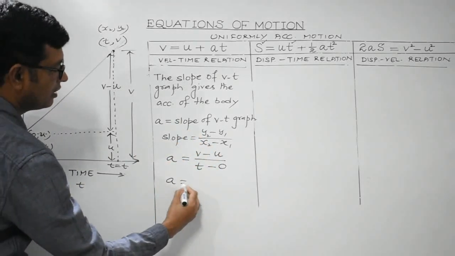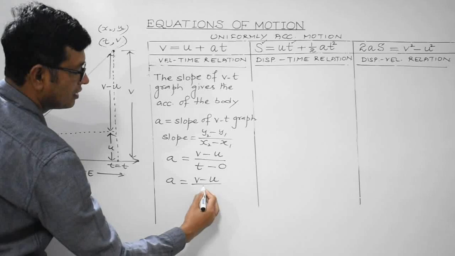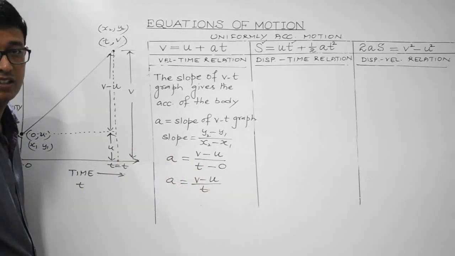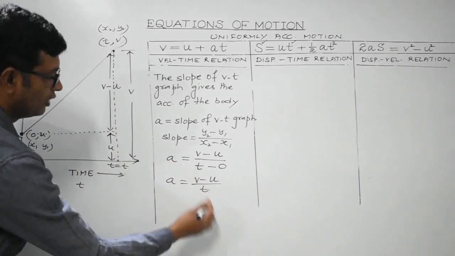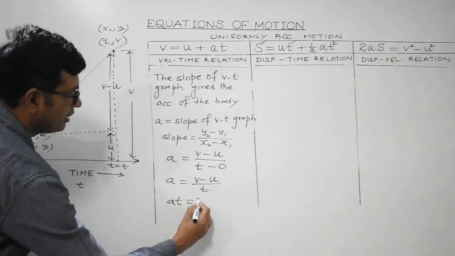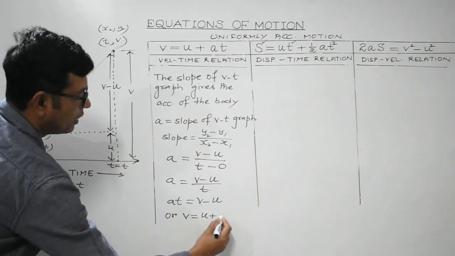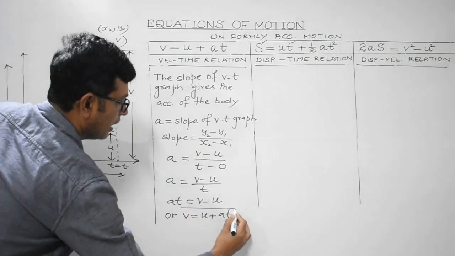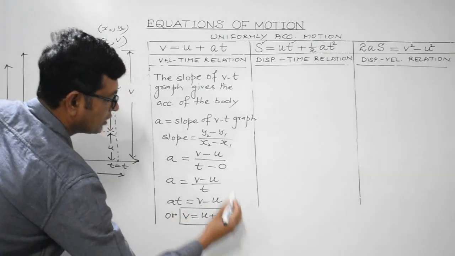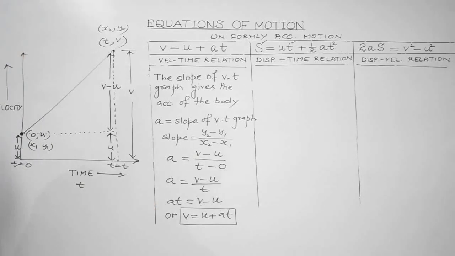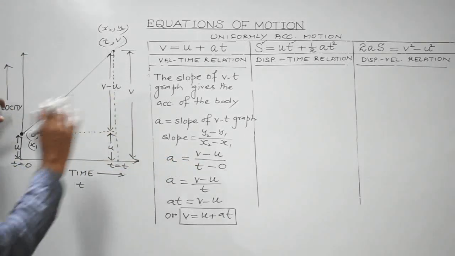So, we get a is equal to v minus u by t. That is the time rate of change in the velocity of the body, which we have already done theoretically. So, cross multiplying, we get at is equal to v minus u, or v is equal to u plus at. As I have already told, this is known as the velocity time relationship. So, graphically it can be easily verified.